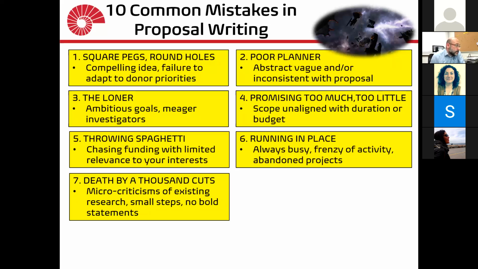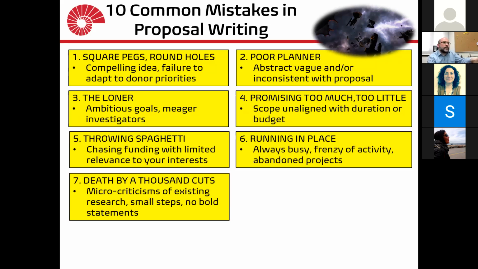Death by 1,000 cuts. It translates into writing a proposal which has tons of micro criticisms of existing literature, like very small steps. Okay, this person has this methodology, but it doesn't work.